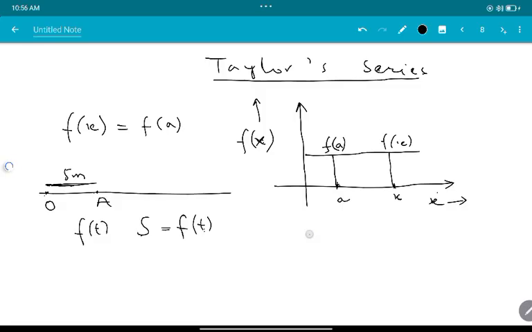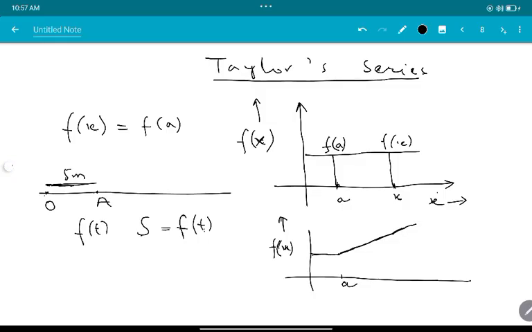Let me show it here by this graph. Suppose f(x) is constant up to this value of x, say a. Up to a, f(x) is constant. Then f(x) starts changing, but at a constant rate. You can see a constant rate.